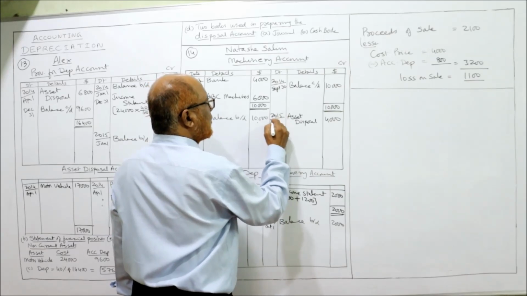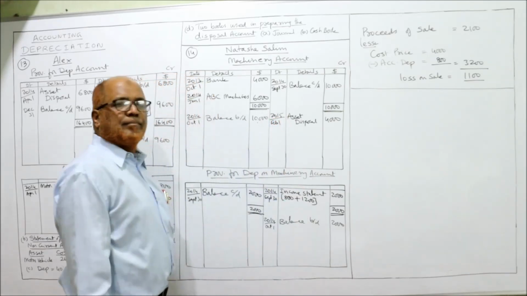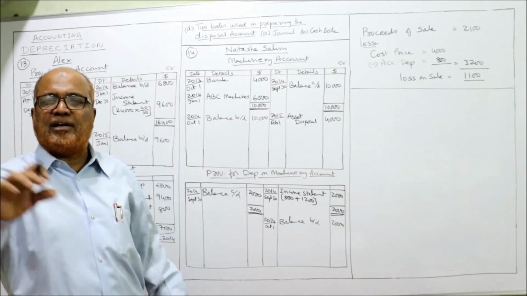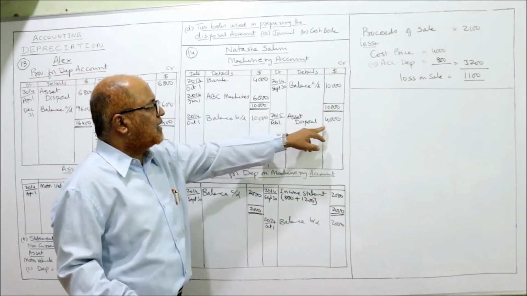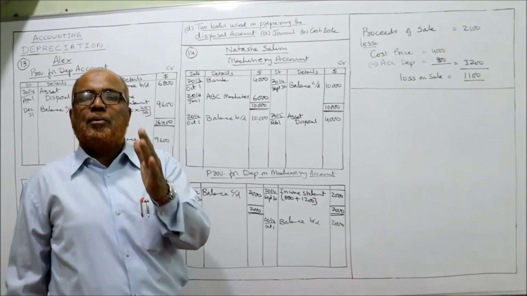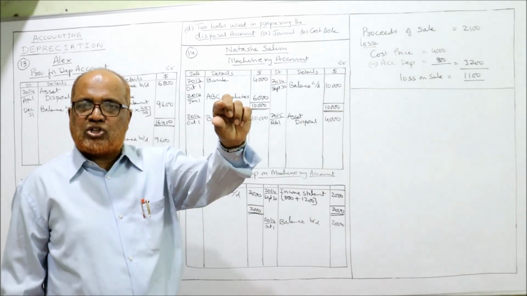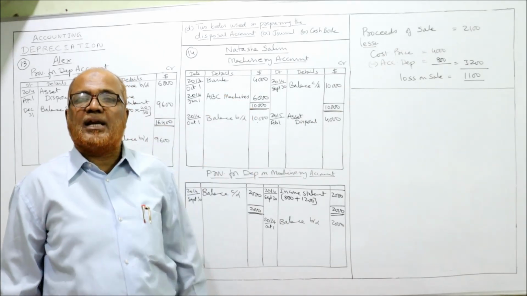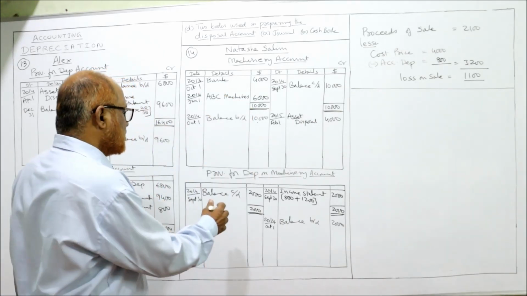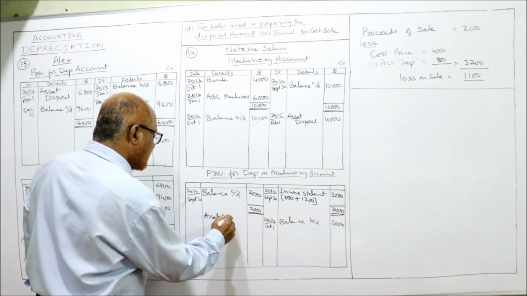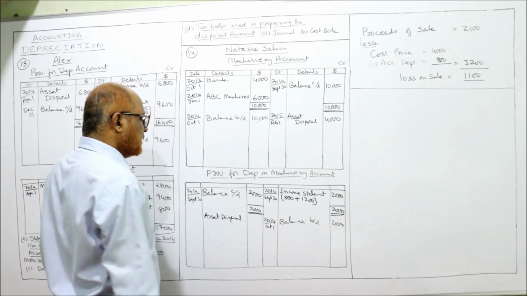2015 February 1st. So first entry, asset disposal debit, machine credit. So machinery account is credited, asset disposal. Second entry, provision for depreciation. Provision for depreciation debit, asset disposal credit. So provision for depreciation debit side, asset disposal.